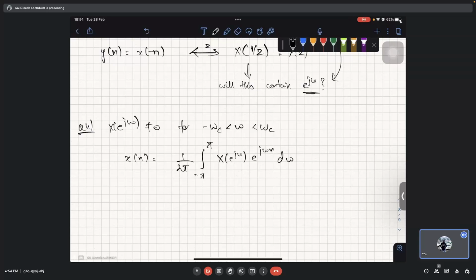But then it is non-zero only in this range. So 1 by 2 pi integral from minus omega c to omega c of X of e power j omega into e power j omega n d omega.